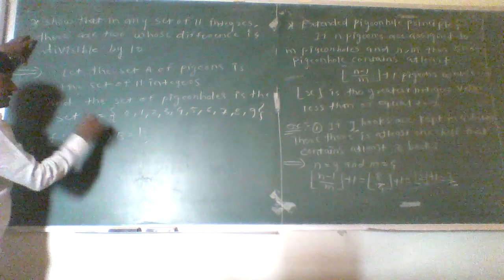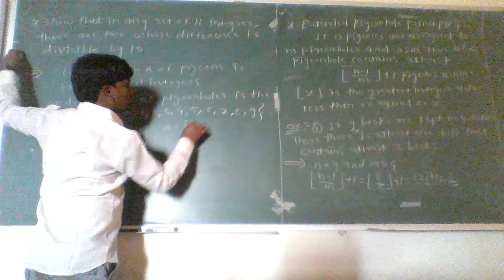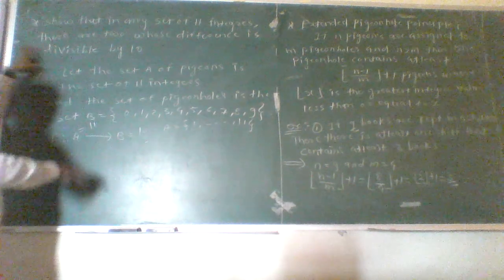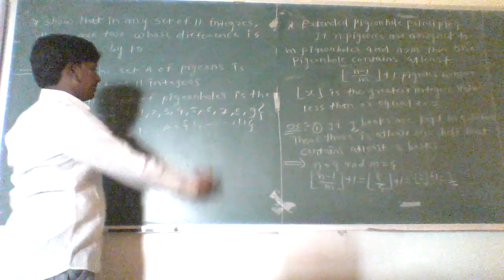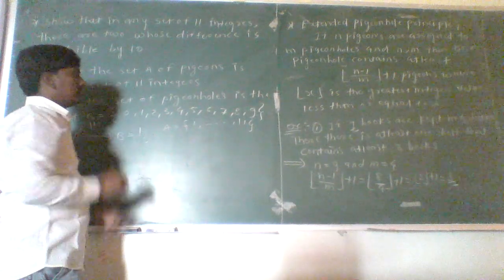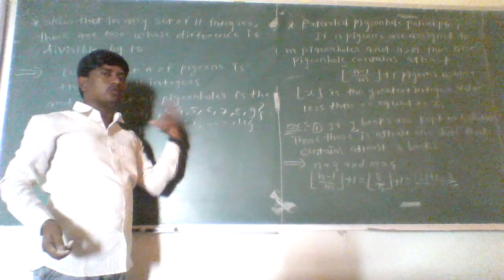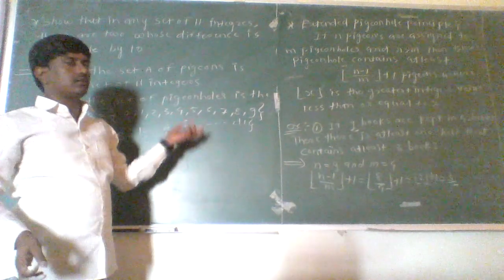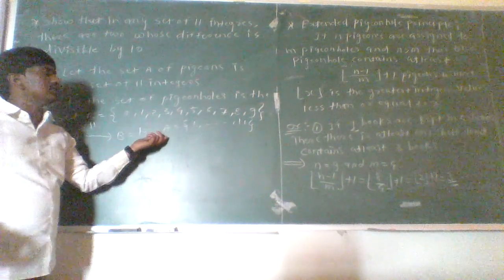Let A be the integers from 1 to 11 and B be the numbers from 0 to 9.